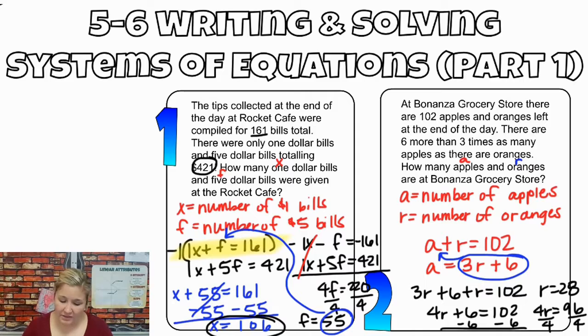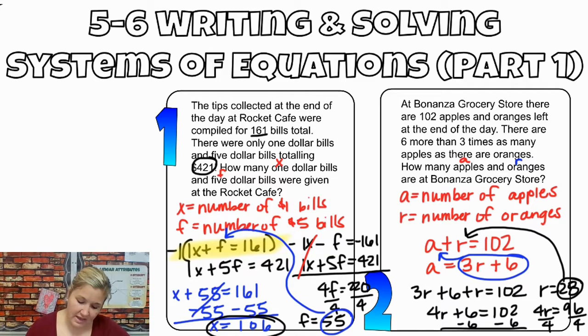So I can go back there. I personally think that this is easier to plug it into the top equation. That's just me. But you also know that there's 102 left. So I know that R is 24. So I'm going to take A plus 24 is equal to 102.